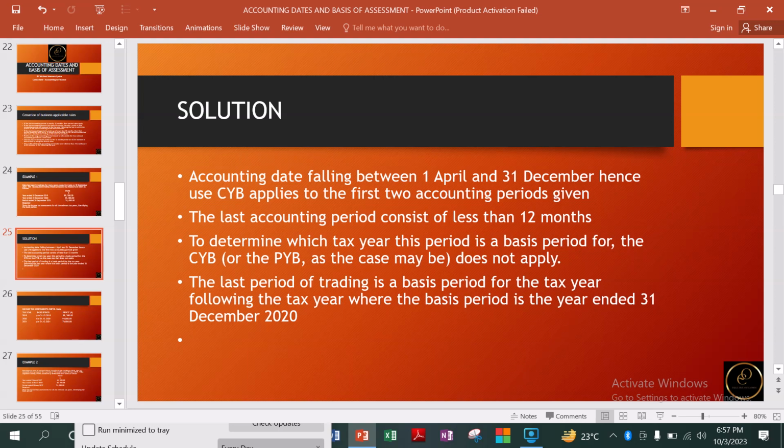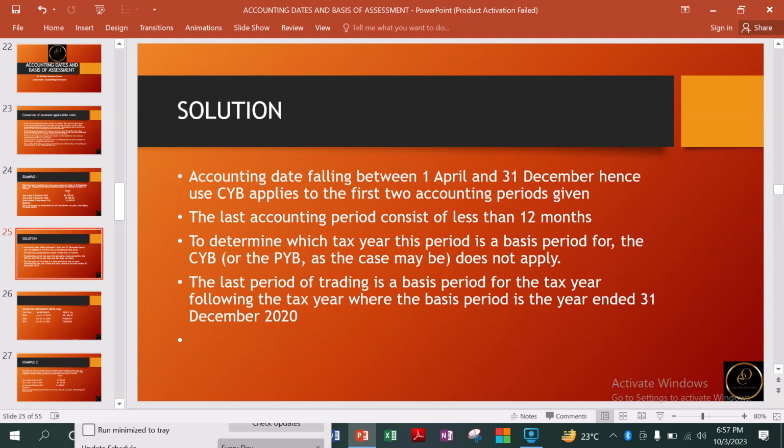The third point is to determine which tax year this period is a basis period for: the current year basis or the preceding year basis, as the case may be, or whether it does not apply in this particular case. The last period of trading is a basis period for the tax year following the tax year where the basis period is the year ended 31st December 2020. So that's what we look at.